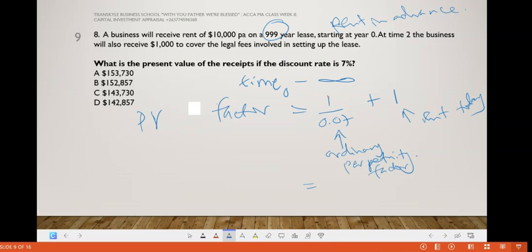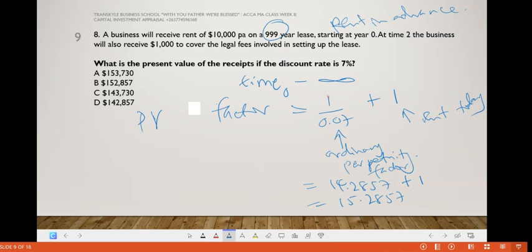So you can see that 1 over 0.07 gives a PV factor of 14.2857, plus 1, and this comes to 15.2857.